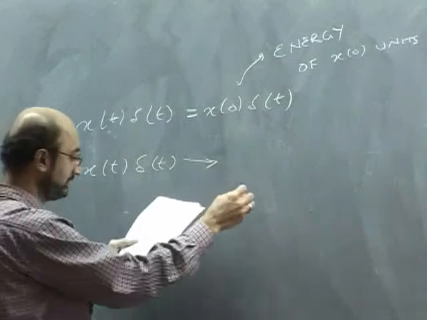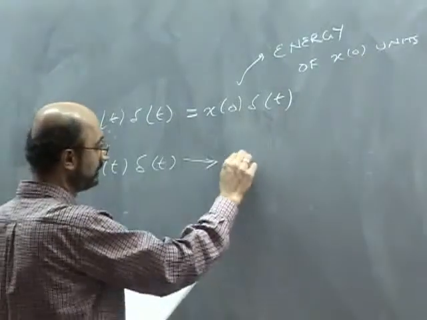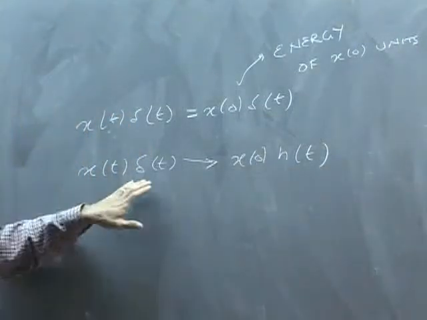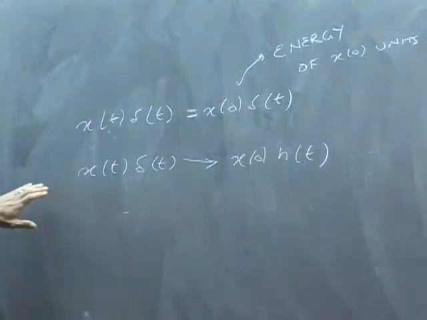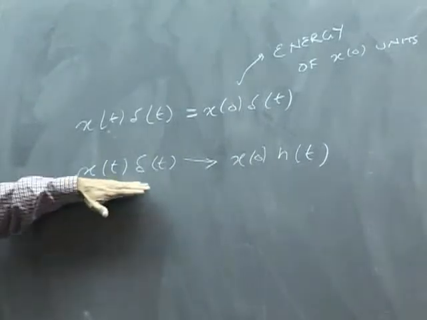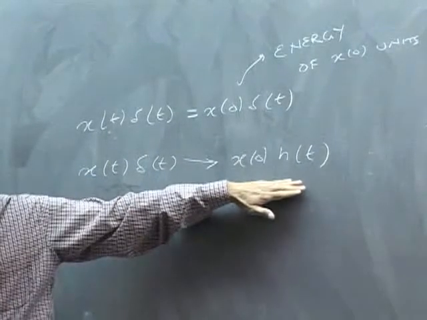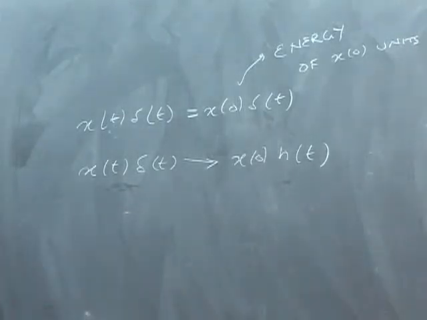So this should lead to x0 h of t. And why? Because delta t is leading to ht, and I'm scaling the input on the left hand side by x0, so the right hand side is going to look like the same scaling. That's the intuition over here.